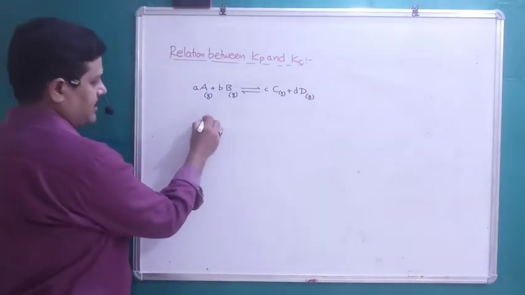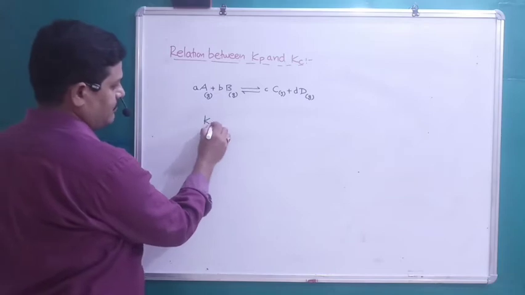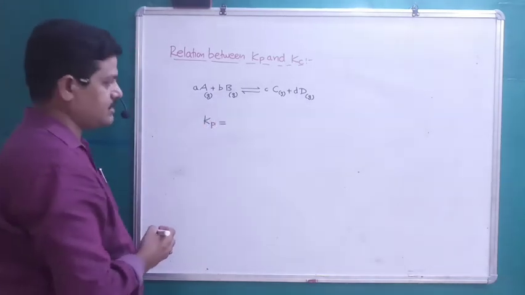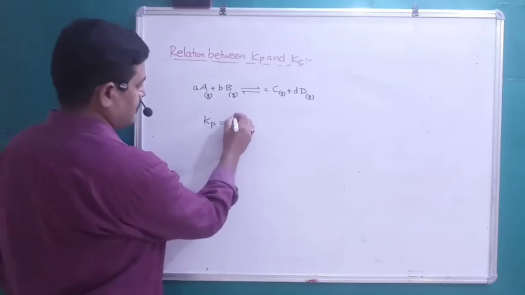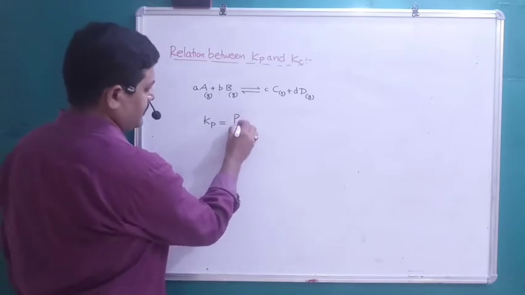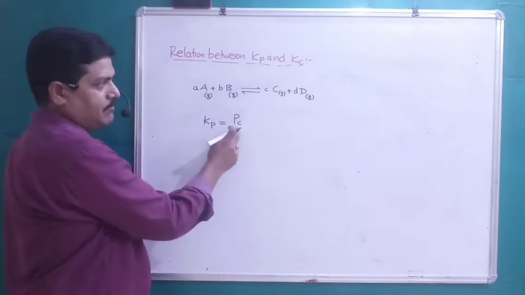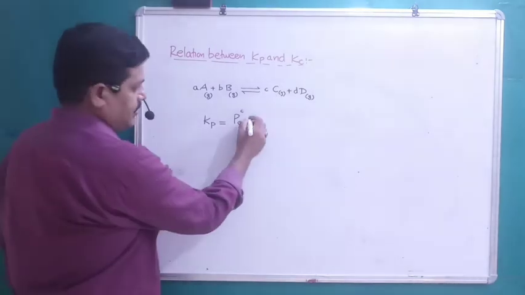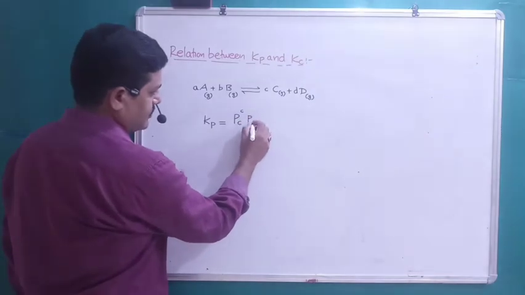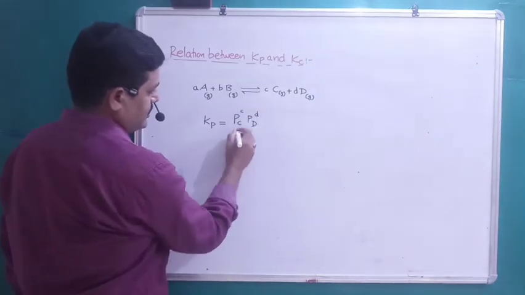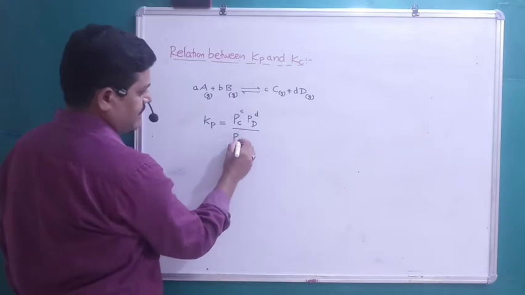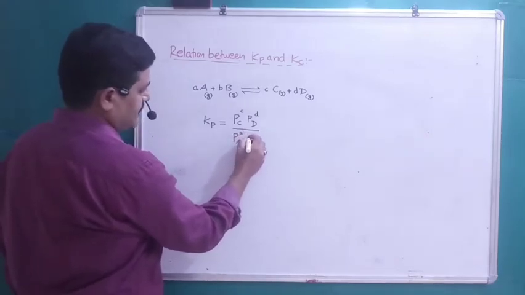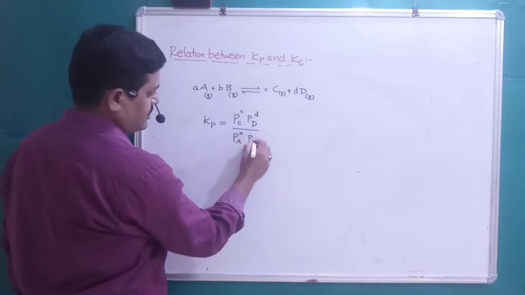Expression for Kp, the equilibrium constant in terms of partial pressures, we can write it as Kp is equal to pressure of C to the power c, pressure of D to the power d, divided by pressure of A to the power a, multiplied by pressure of B to the power b.